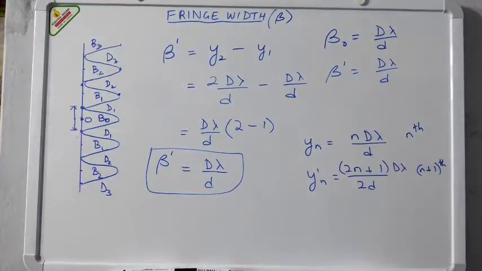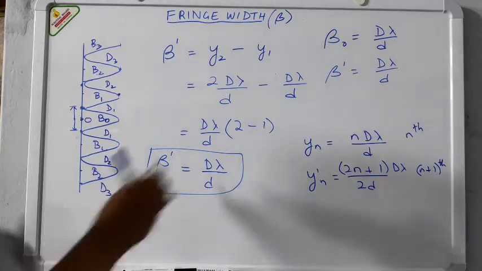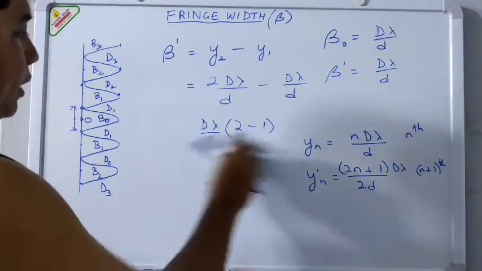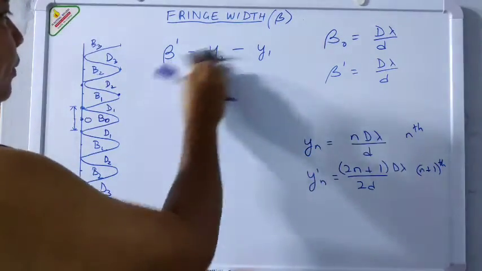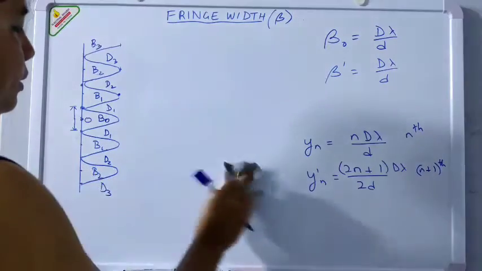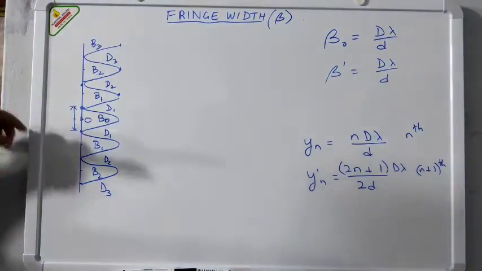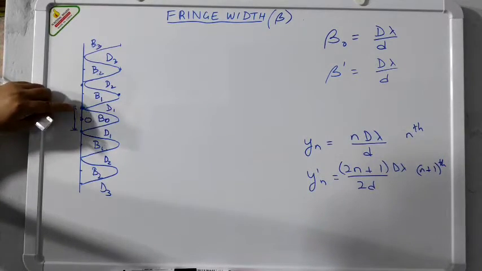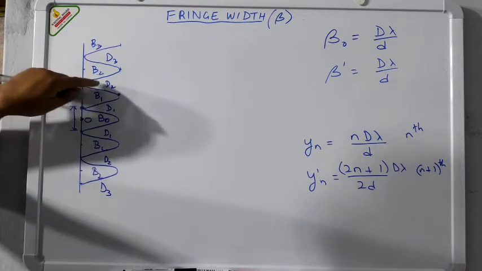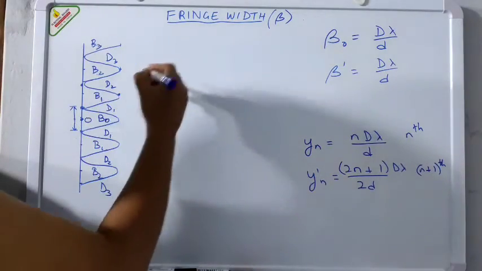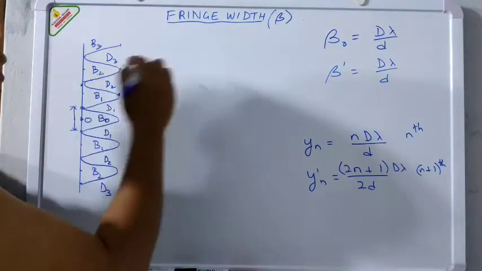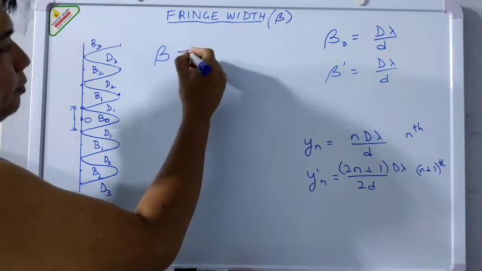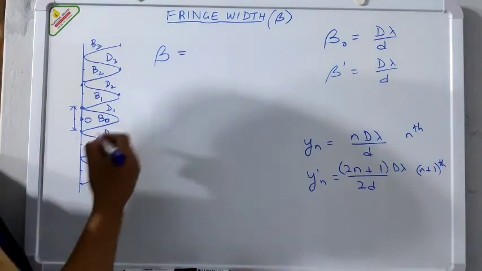Now let us calculate the width of the bright fringes. They are located between two dark fringes. We can choose any two consecutive dark fringes, D1 and D2. The width is denoted by beta.